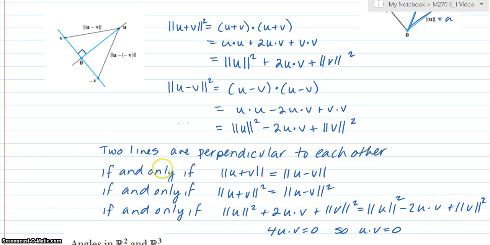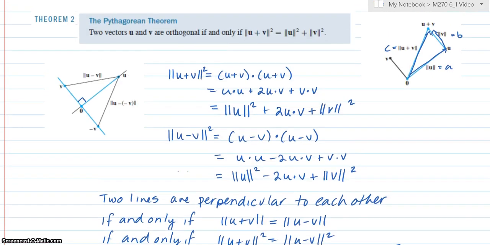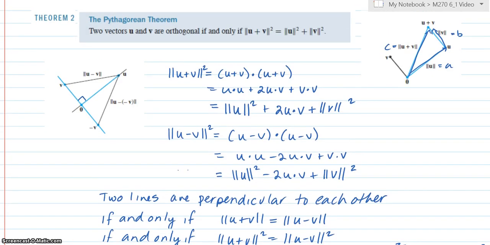So now we have two lines are perpendicular to each other if and only if u dot v is equal to 0. We have both ways for R2 and actually for R3 as well. But it actually works for any u and v in Rn.